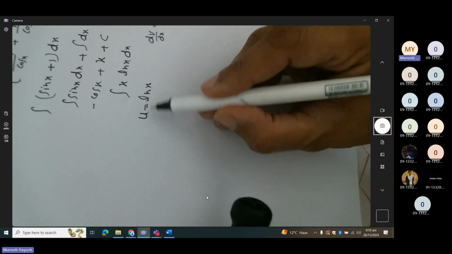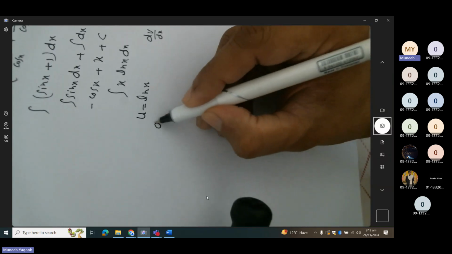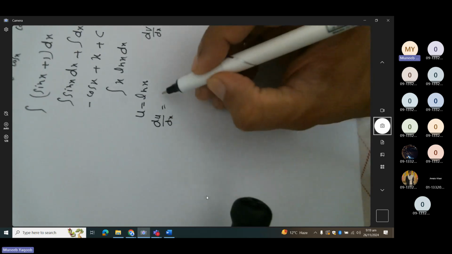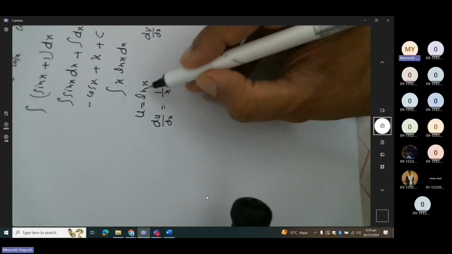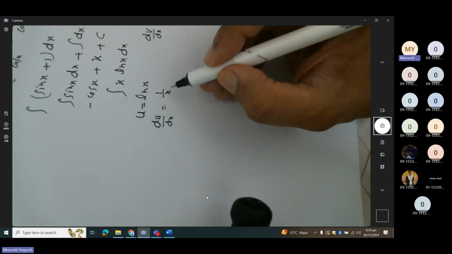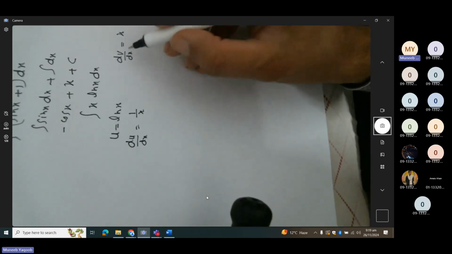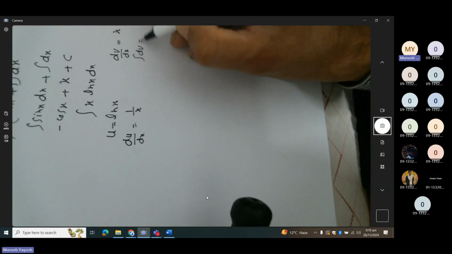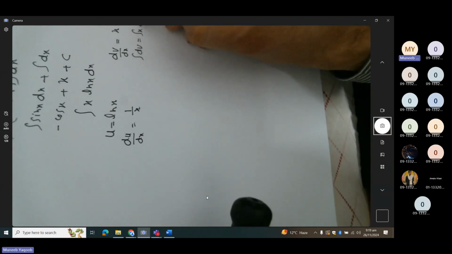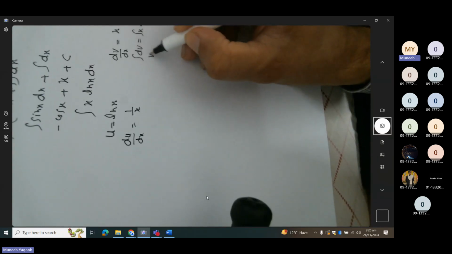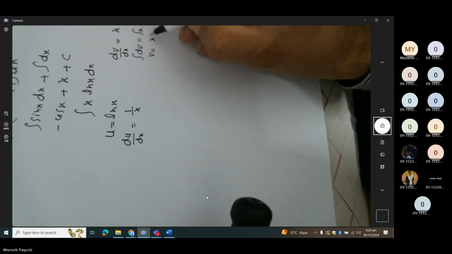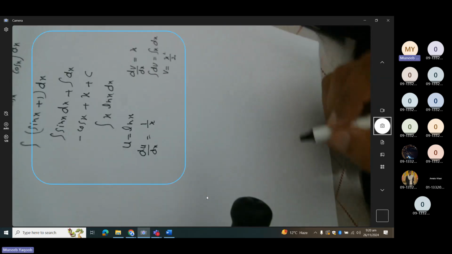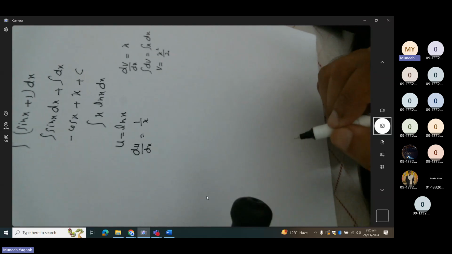Now we will differentiate this u. So we will get du by dx as 1 upon x, because derivative of ln of x is 1 over x. Similarly, we will integrate this x, so it will become integral dv equals integral x dx. So we will get v equals x square upon 2. Okay, v equals x square upon 2.